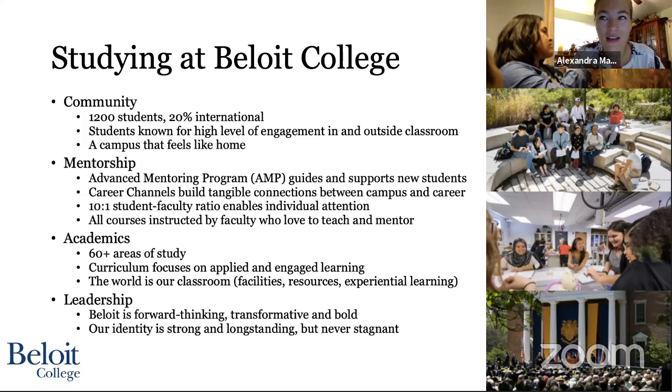Generally in the US, the advisor-advisee relationship begins only once you've started classes. But we want you to hit the ground running. We want you to know where you're going, to know what you're doing by the time you set foot on our campus. So building that relationship with your advisor from day one really is our way of doing that.